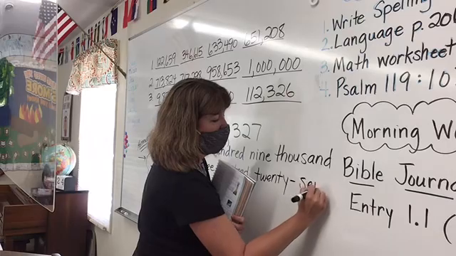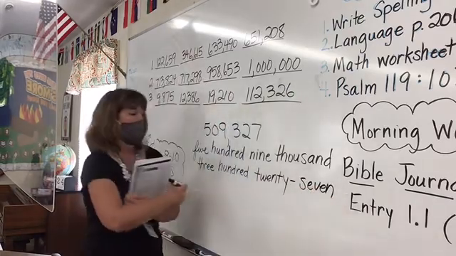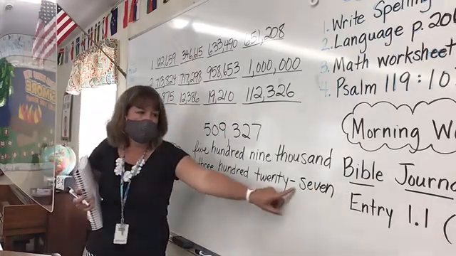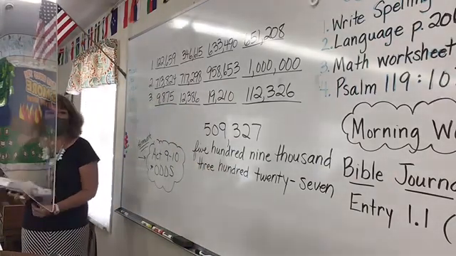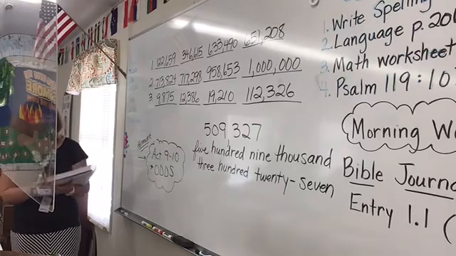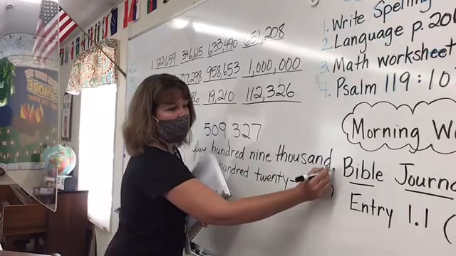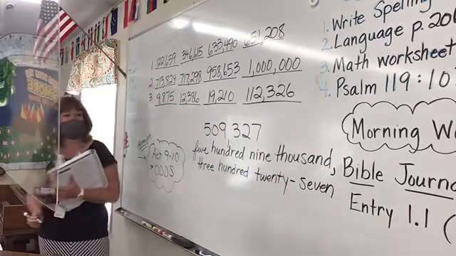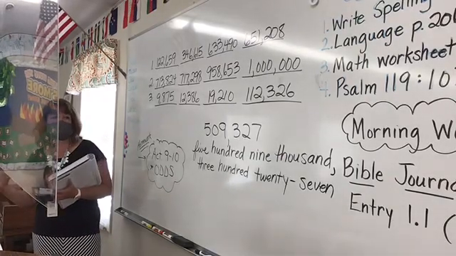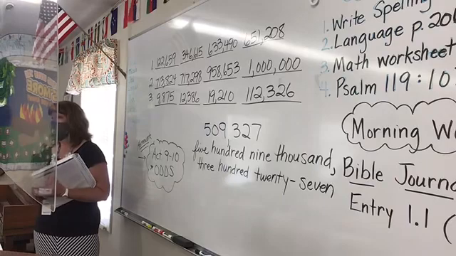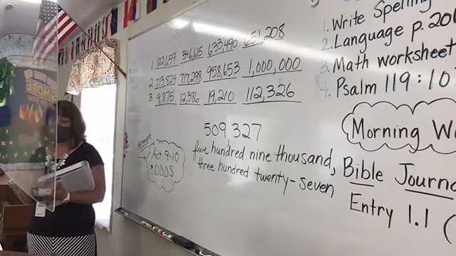And then you put a hyphen in between the 20 and the 7. And actually, I should put a comma after each period. 509,000, comma, 327. Yes. Okay.